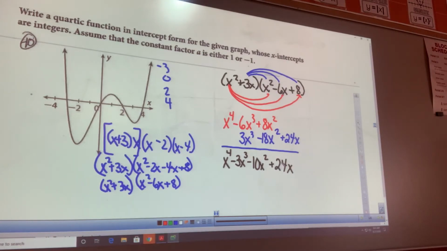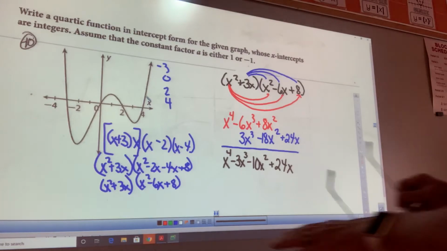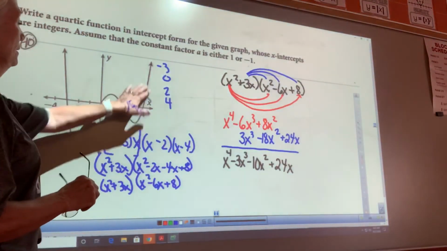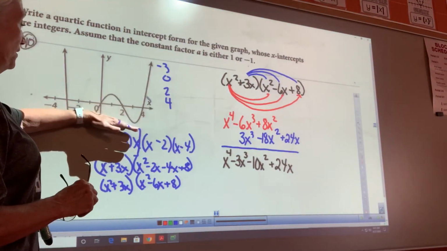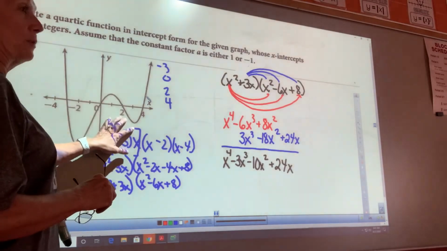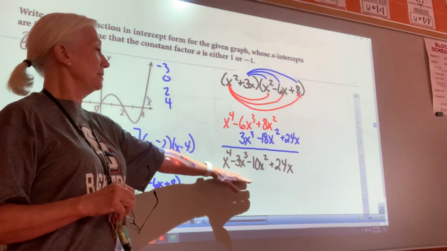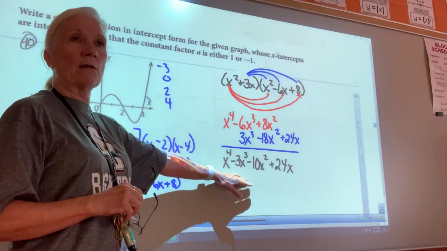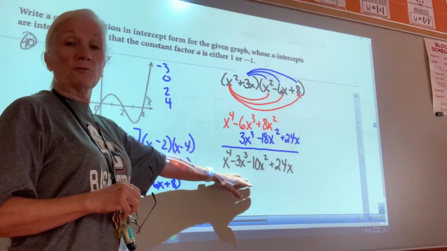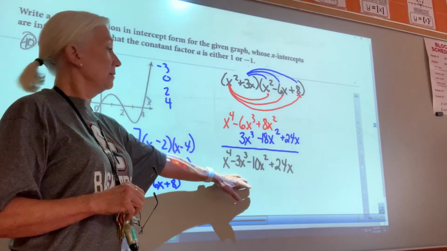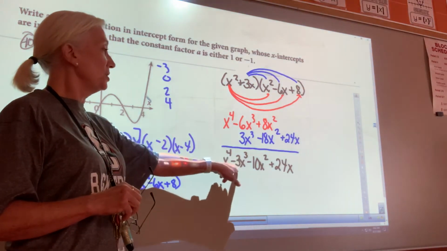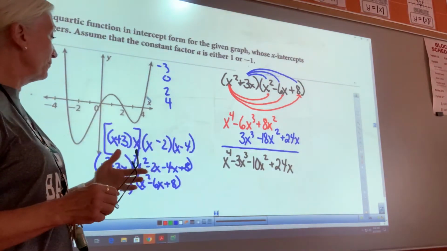Okay, what I want you to realize is this graph right here, that's the function, the graphic representation. Here's the function when it's in standard form. But this function is made up of many different things.